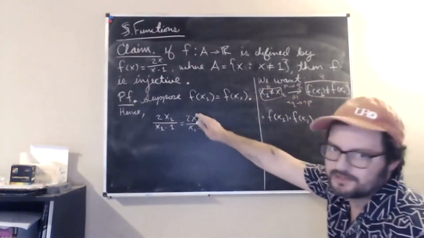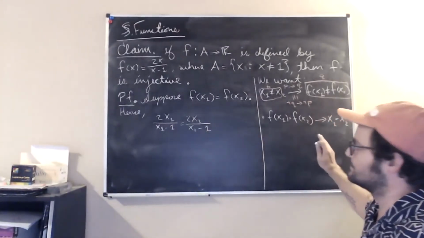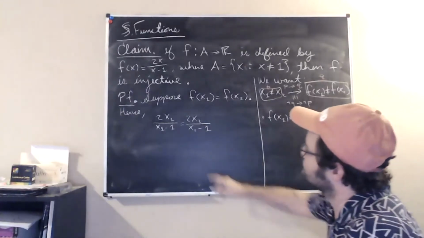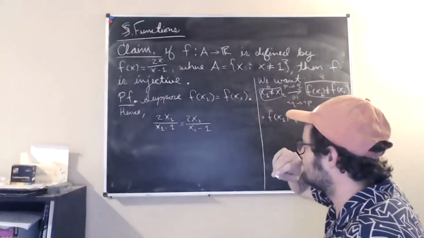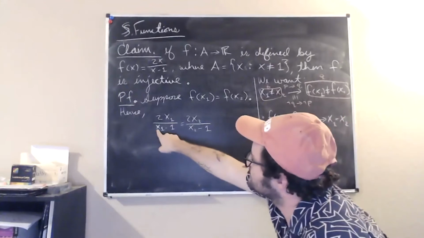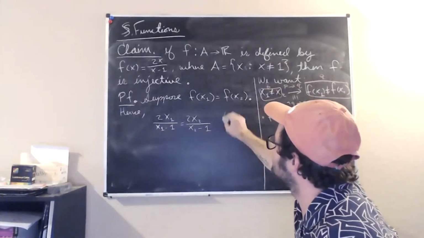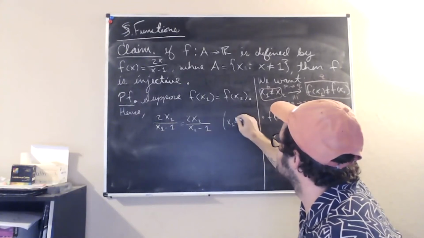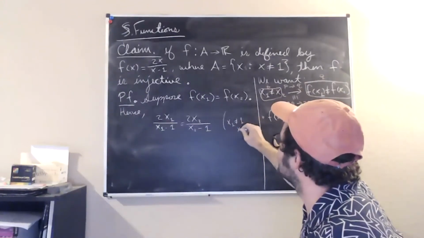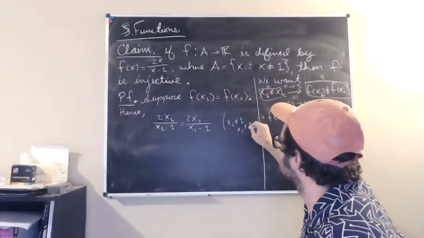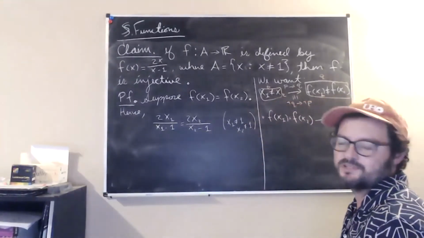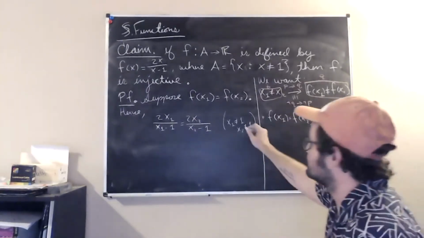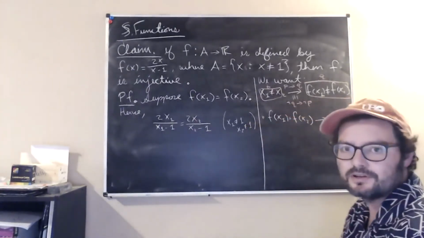Now, because this is my nice proof over here, I'm going to come over here and do a little bit of scratch work to simplify the algebra. So if that's true, we know that x1 is not equal to 1, and we know that x2 is not equal to 1. That's important because if you're dividing by 0 and then you try to algebraically manipulate this, you're going to get something that could be incorrect.